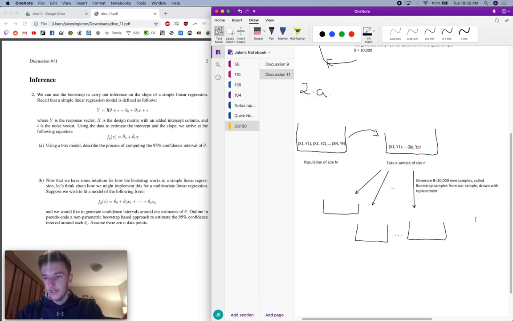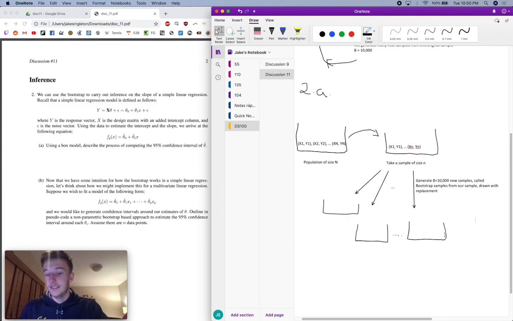It is very important that we draw these 10,000 samples with replacement from here. Some of these boxes might include some points multiple times, but that's okay because they'll all average out across the 10,000 replications.